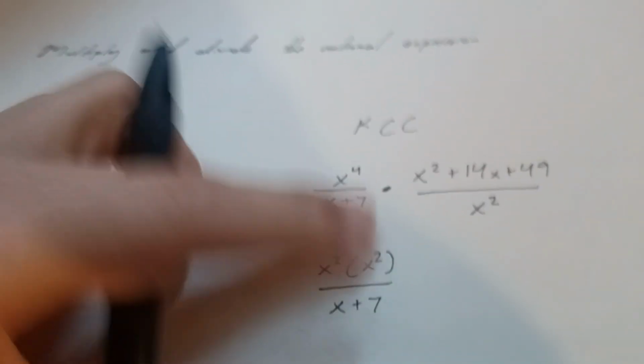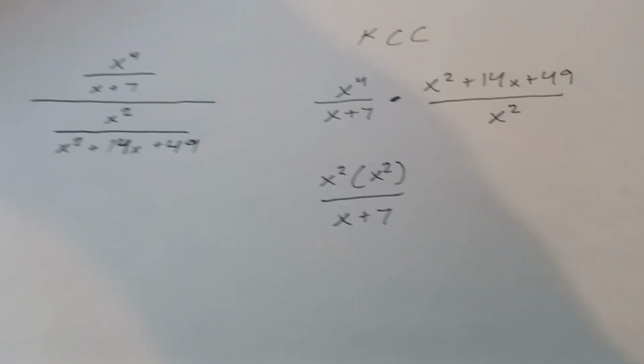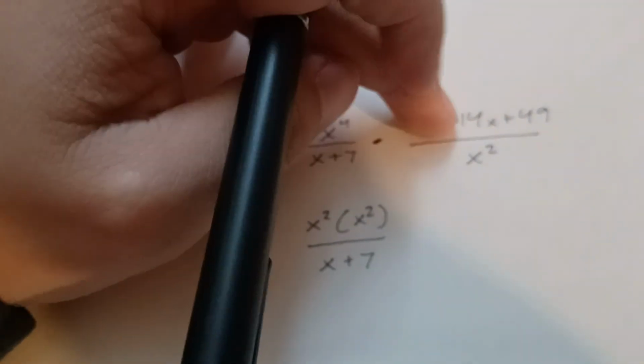Because x squared times x squared gives us x to the fourth. And we can also factor this. When we factor it, it's going to become x plus 7 times x plus 7 over x squared.